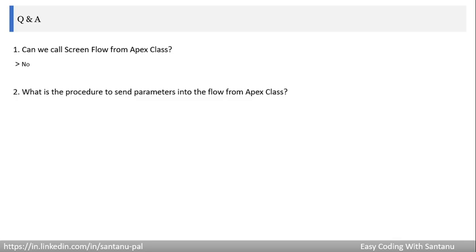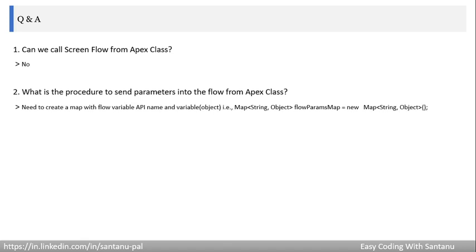Second, what is the procedure to send parameters into the flow from Apex class? First, we have to create a map with the flow variable API name and the value: Map<String, Object> flowParams = new Map<String, Object>. So we have to declare the map with the flow input variables and the values, then we have to send the flowParams map.